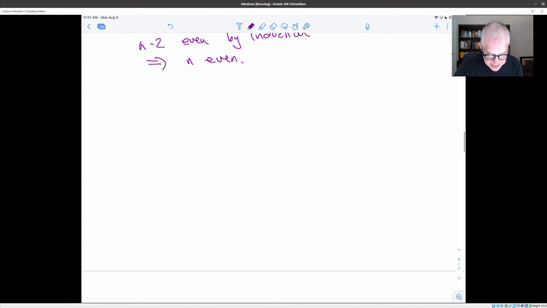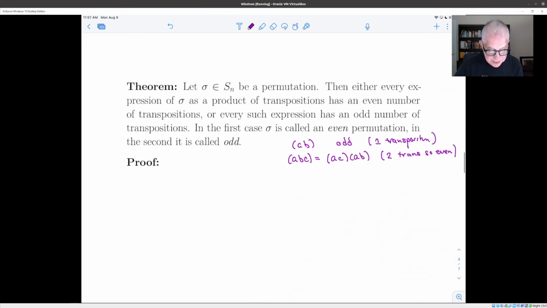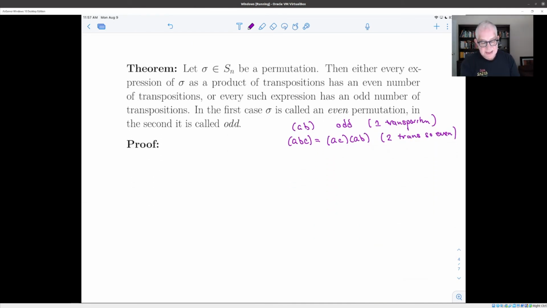And now we can use that to prove our final result, the main theorem, because suppose sigma is an arbitrary permutation, and you write it as, let's say, tau 1 up to tau m, where the tau i are transpositions.